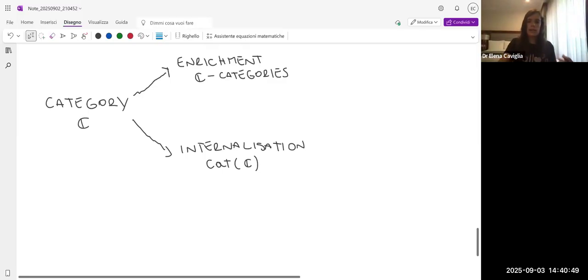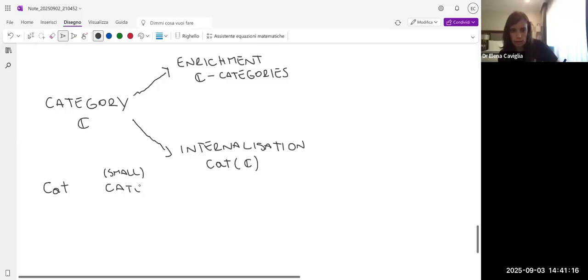And now we can do this procedure, but with a specific category that is Cat. So we haven't introduced it properly, but we have spoken about it. So if we consider Cat as the category of, okay, I should say small categories, but we don't care too much about size issues in this context, small categories and functors between them.